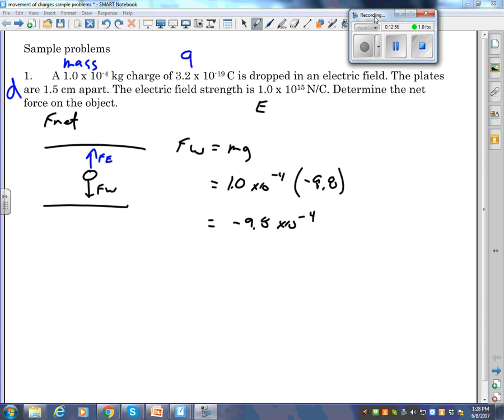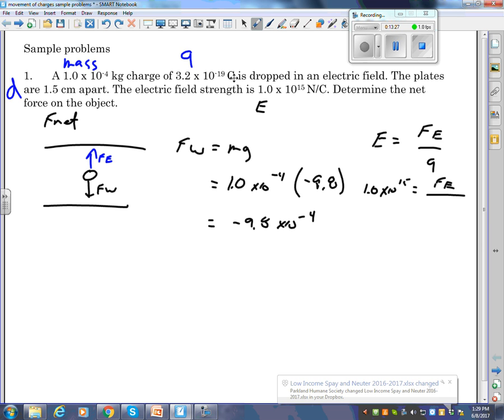How do we find the FE? Well, we know that E is equal to FE over Q, and our electric field strength is 1 times 10 to the 15. We're solving for FE. The Q value, you'll have to note, is in what? Coulombs. If this is in newtons per coulomb, they have to both be the same, right? So convert it, because it says newtons per coulomb. It's got to be in coulombs.